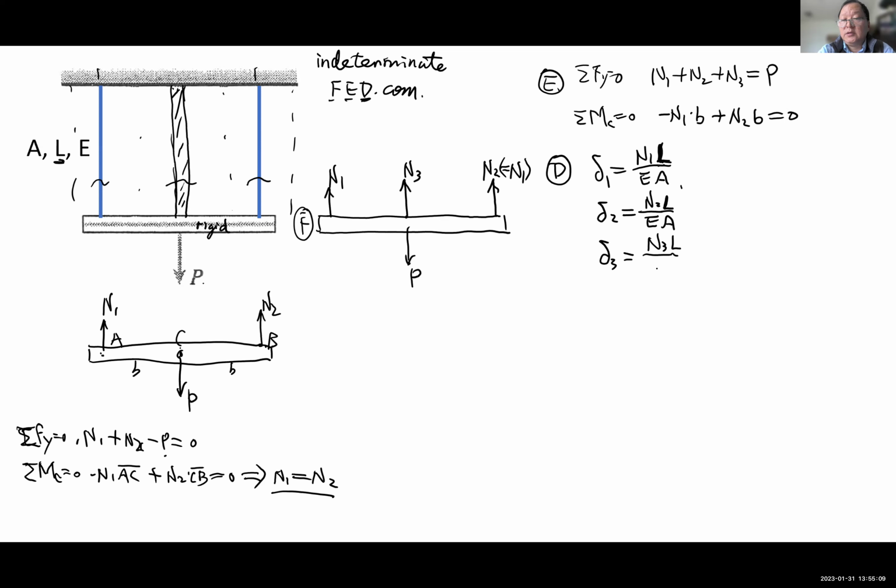Same material, assume, or it can be different material, doesn't matter. Or the area can be different, so let's call it E3, A3. It may be different, right? Okay, so that's the deformation part. Now we need the compatibility.